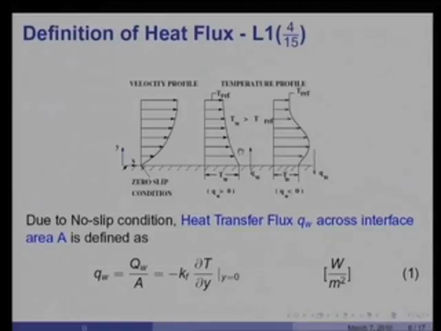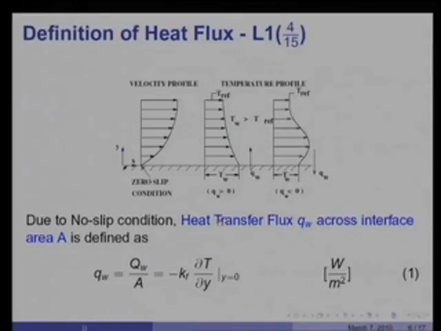Heat transfer, however, would also take place in another way, in the sense, although TW here is also greater than Tref, we shall encounter situations in which the fluid temperature close to the wall is greater than that of the wall, in which case the heat transfer would take place to the wall, although the wall temperature is bigger than the free stream temperature. So I have shown here both the cases of positive heat transfer as well as negative heat transfer.